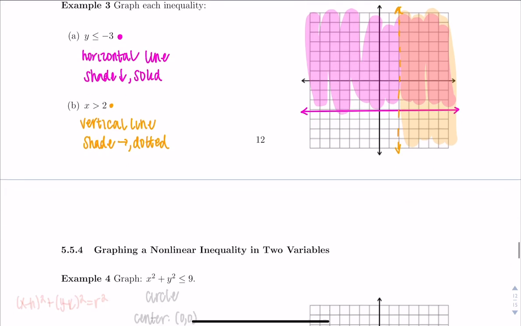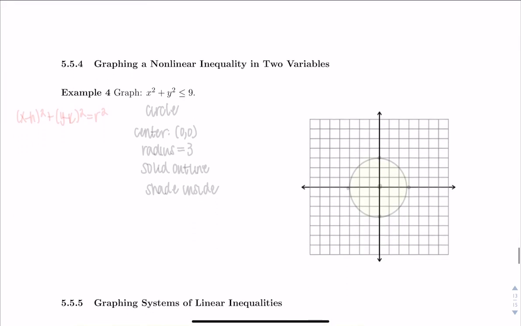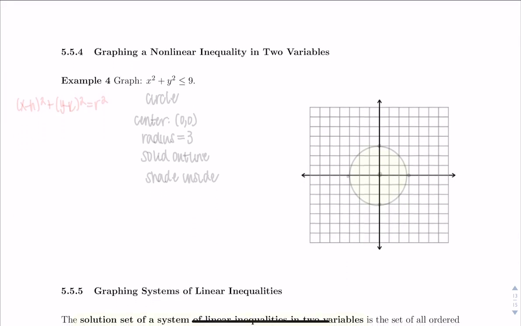What about graphing a nonlinear inequality in 2 variables? We're looking at x squared plus y squared is less than or equal to 9. Do you guys recognize what this equation is? This is the equation of a circle.